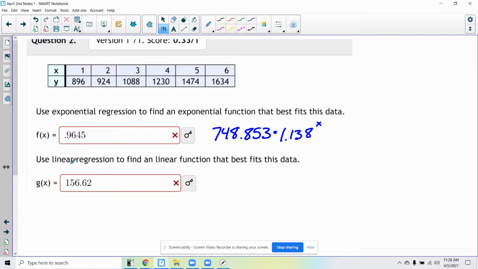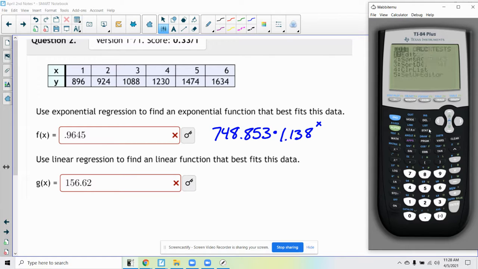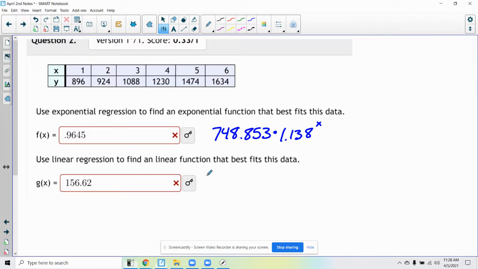Now it says find the linear regression. It's the same thing, but now we're just going to use a different command in the calculator. Go back to stat, over to calculate. We're going to use the linear regression, option 4. Enter through all that. And we get y equals, or g of x equals 156.629.